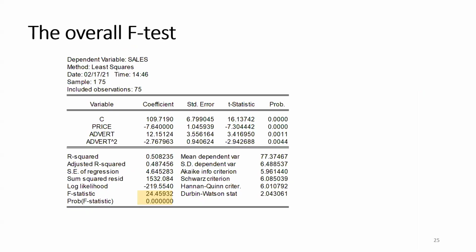Here, the printout. Okay. So this is the overall F test. And they provide you the probability already.